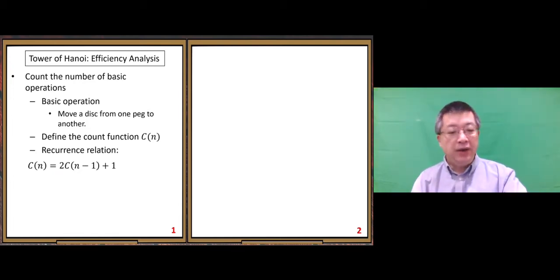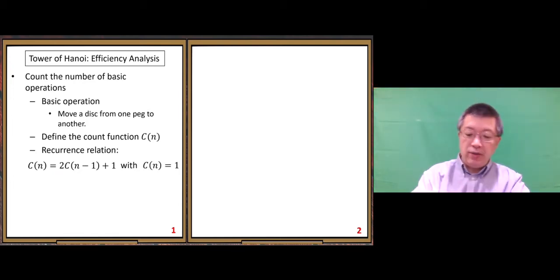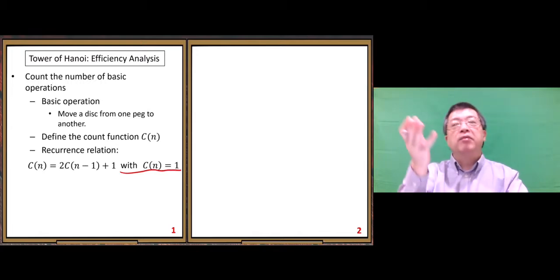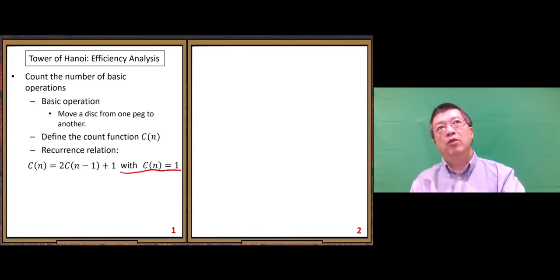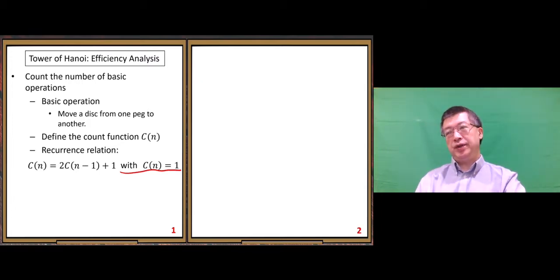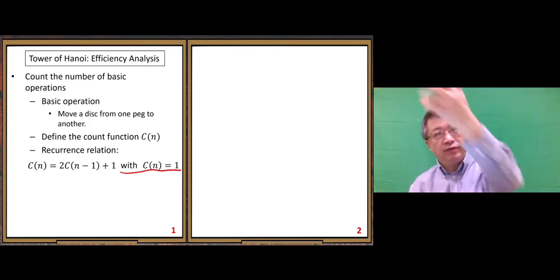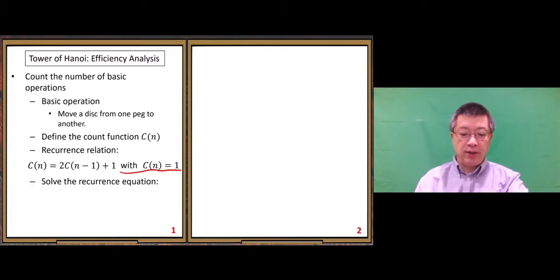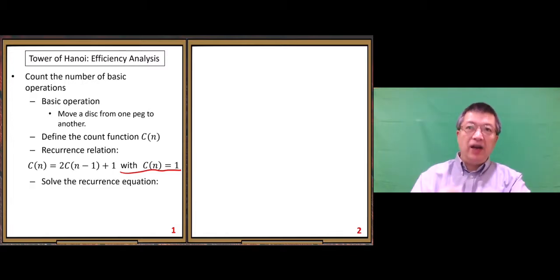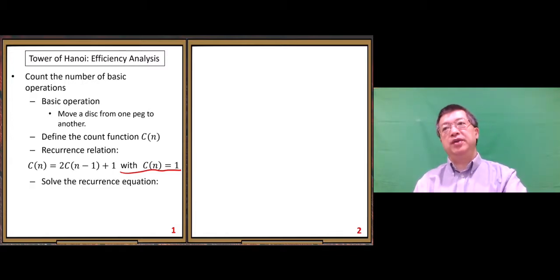Next, we need to specify the base case. When n equals 1, that's our starting point. So we know one disk move. That's simple. Finally, we need to solve the recurrence relation.